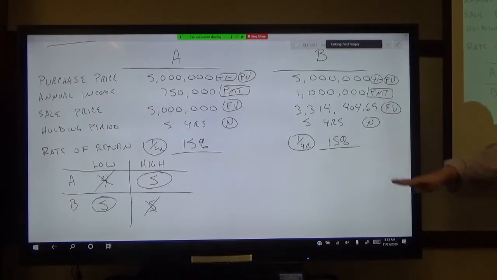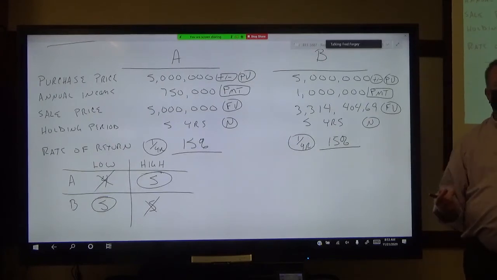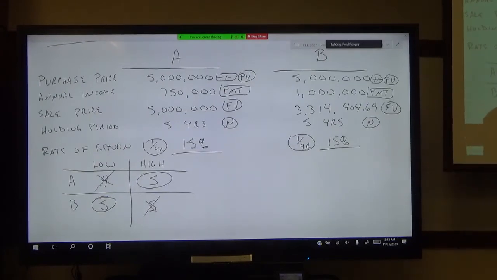The return overall is the same. That's not what we're concerned with. What we're concerned with is how quickly we are getting paid back. And from a risk perspective, would you prefer to wait a long time for your money, or would you prefer to get it now? You would prefer more than likely to get it now, simply because you don't have to then worry about what the exposure is going to be longer term in the future.